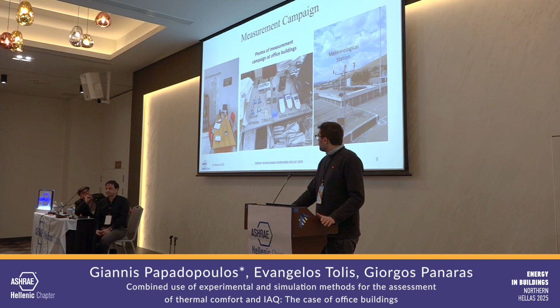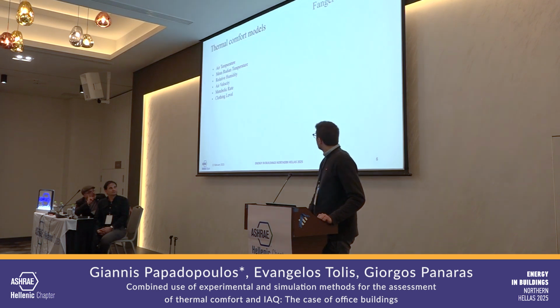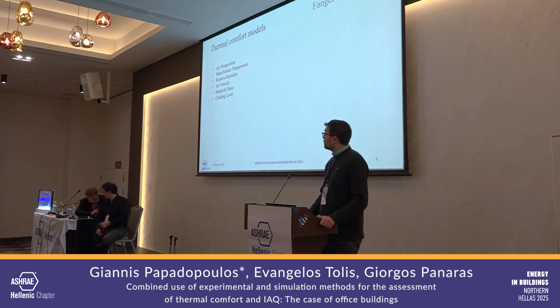And we gave the workers there a very short survey to report their comfort themselves, in order to take their sensation vote after the measurement. So we implement here the Fanger model, the most popular as concerns thermal comfort.